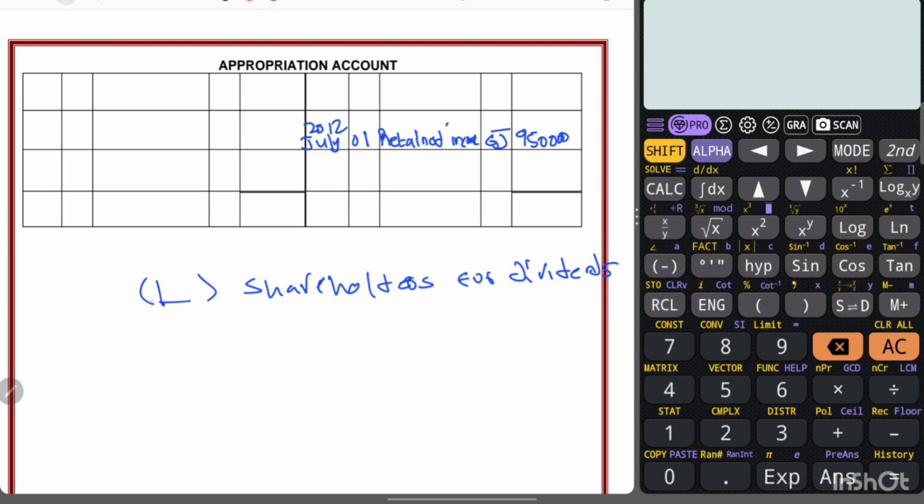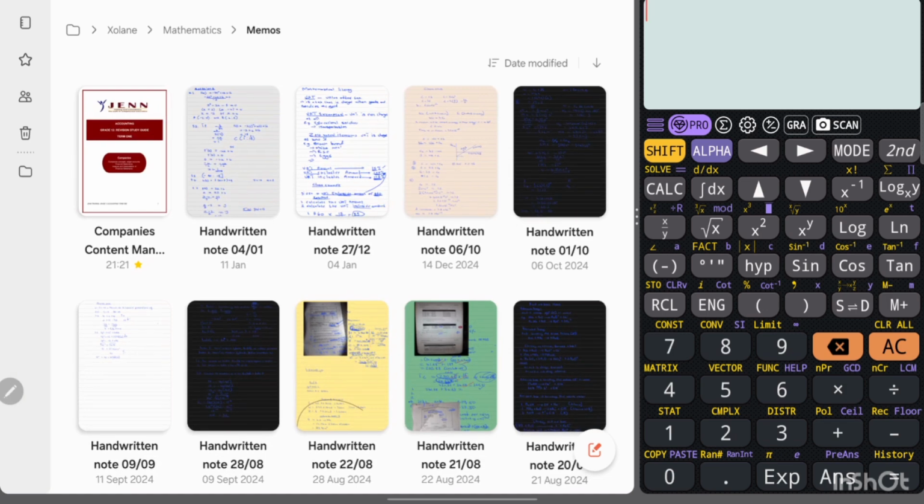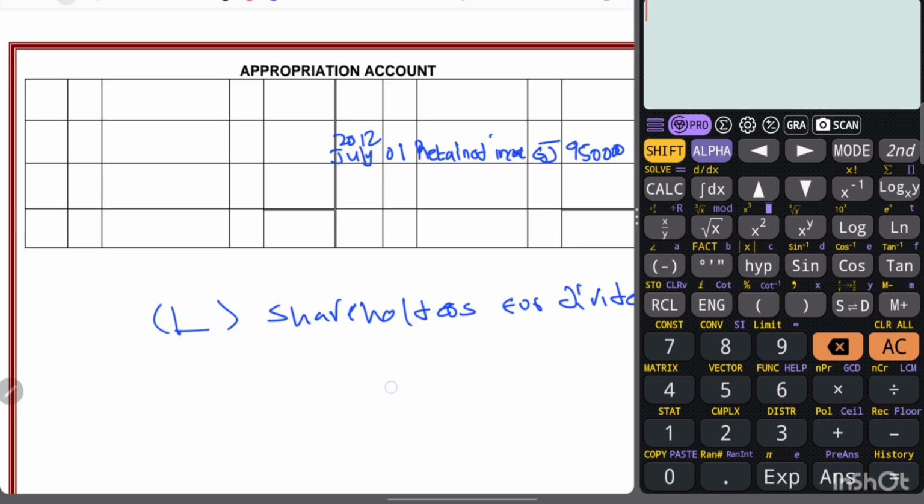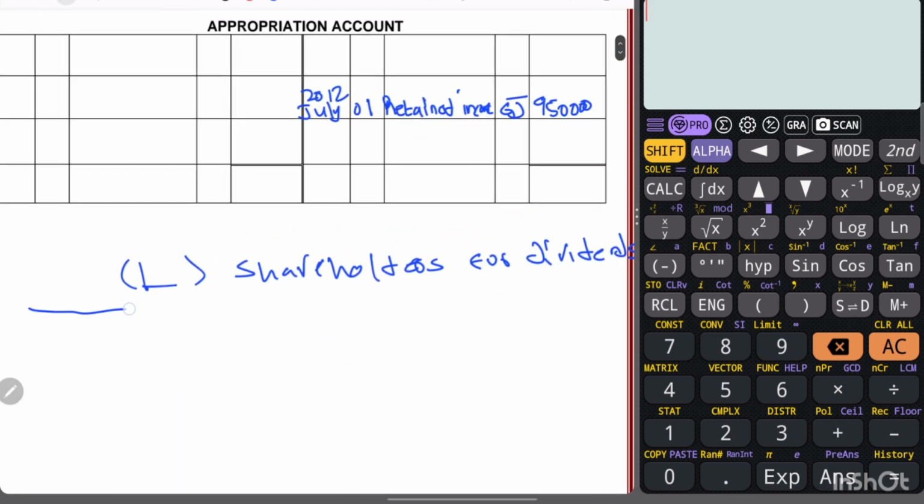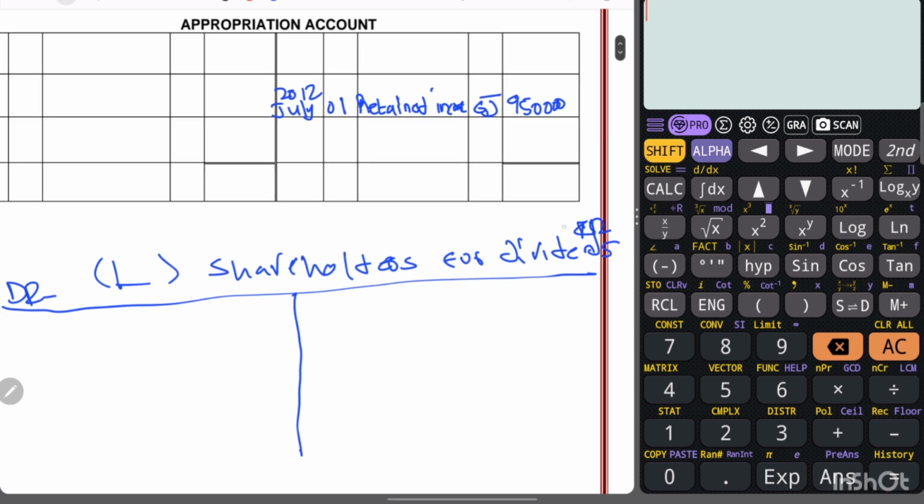We said this one is a liability, and what do we know about a liability? A liability increases on the credit side and decreases on the debit side. Because we are owing our shareholders, we are going to have July 01, balance brought down.